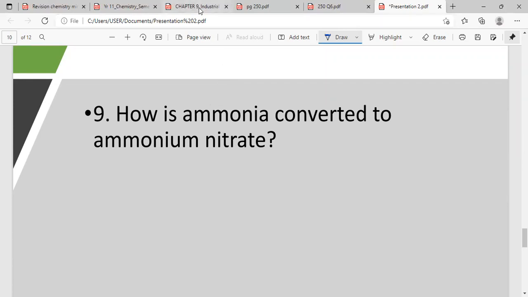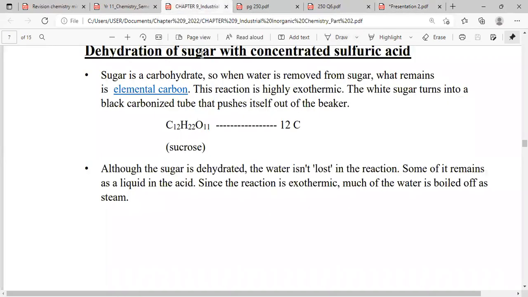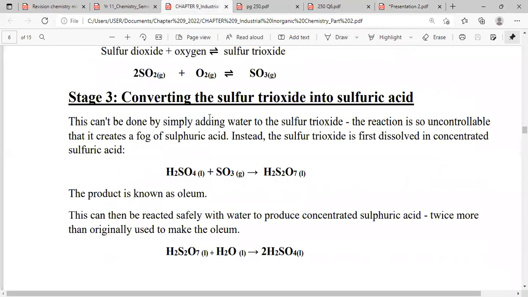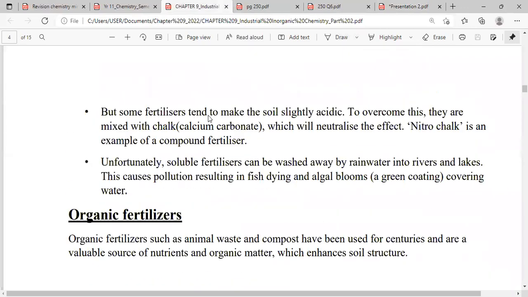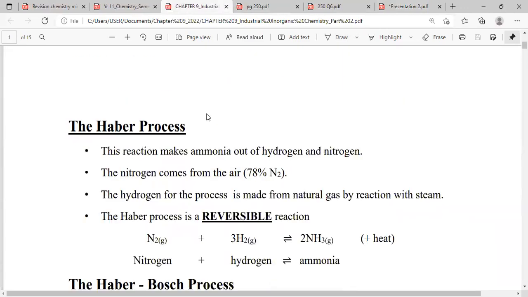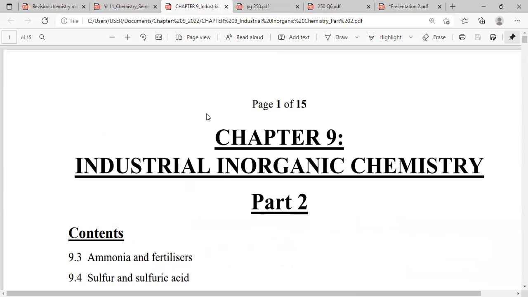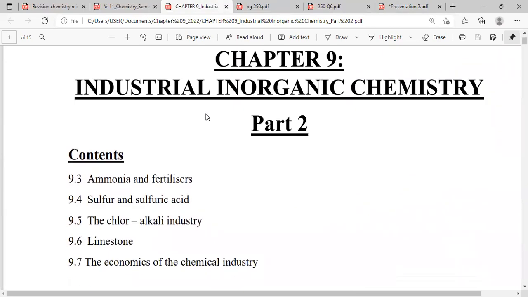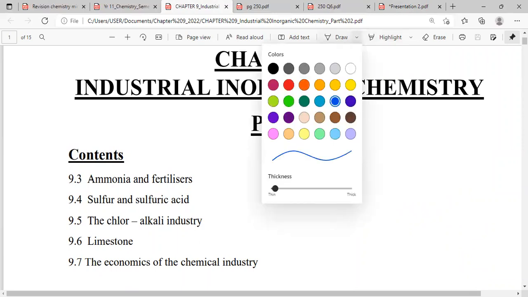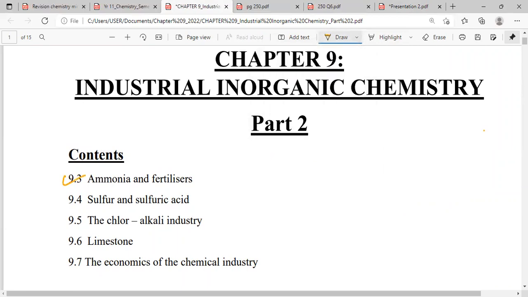Now let's move on to today's topic, Unit 9.4. The last class we did Unit 9.3, that is ammonia and fertilizers. And today we will be doing sulfur and sulfuric acid.